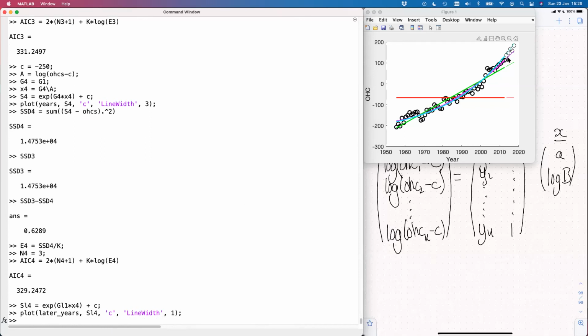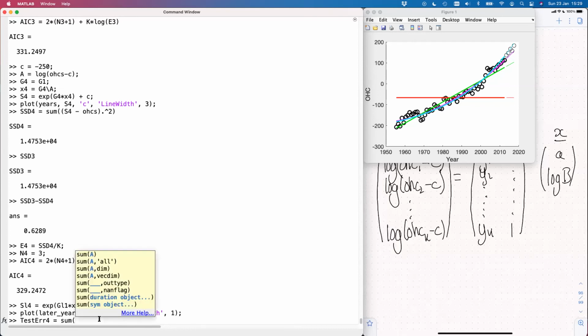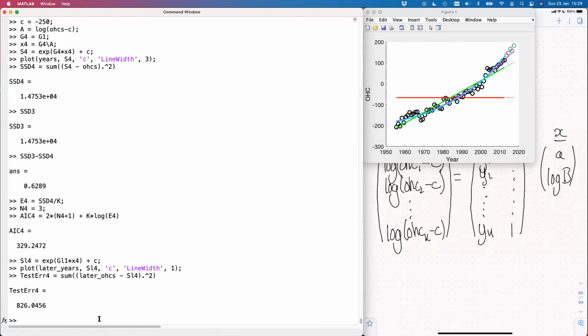And so we see that this new exponential model probably slightly overestimates the unseen measurements, whereas the cubic and quadratic ones slightly underestimate. Let's compute the test error for this as well. So test error 4 is the sum of the squared differences between the unseen measurements and SL4. And so that comes out as 826.